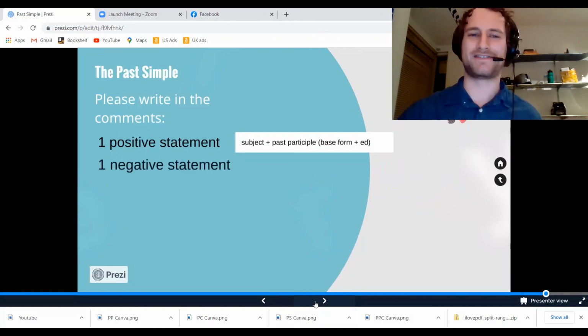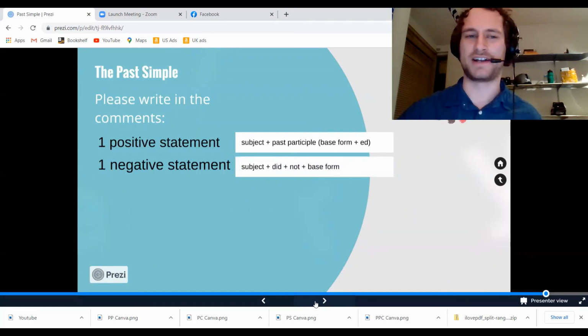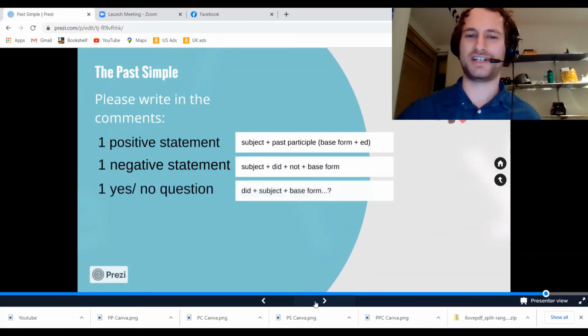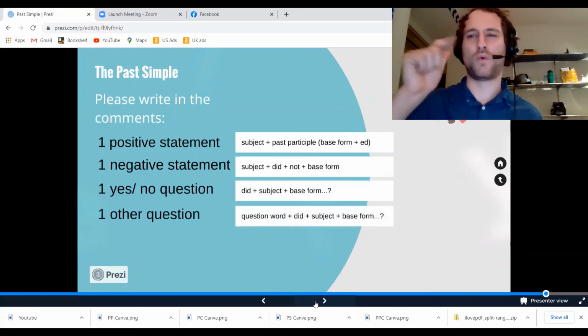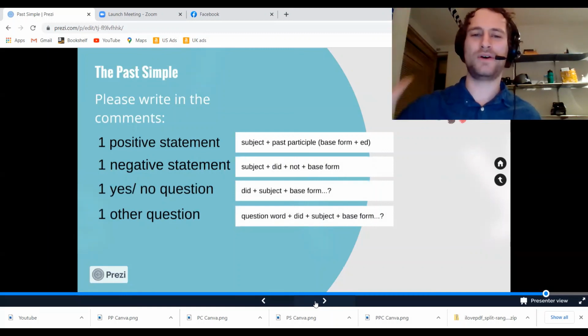Create one negative statement, which just means the subject plus did plus not and the base form of the verb. Create one yes/no question, which is did plus the subject plus the base form of the verb. And create one other question, which just uses a question word, who, what, why, when, how, and did, a subject, and the base form of the verb.